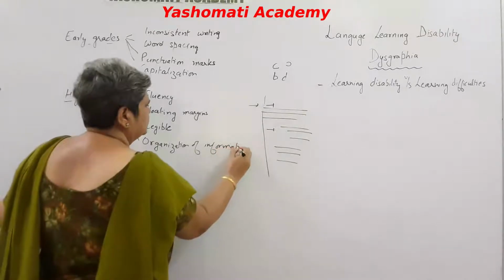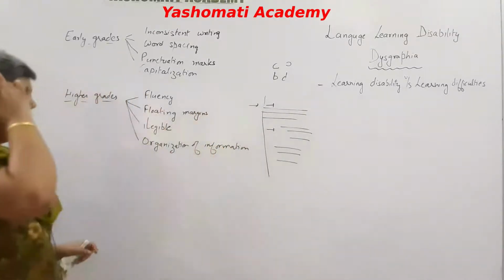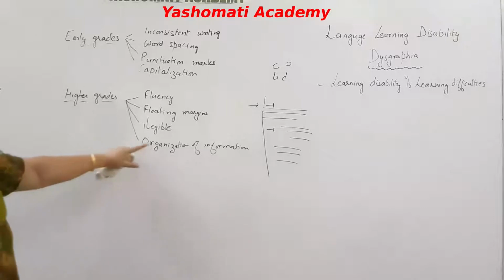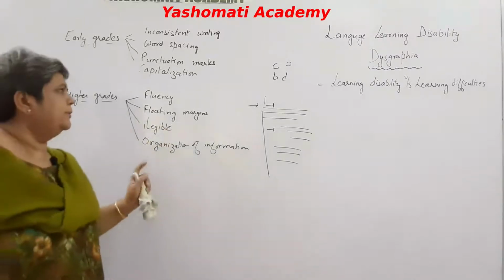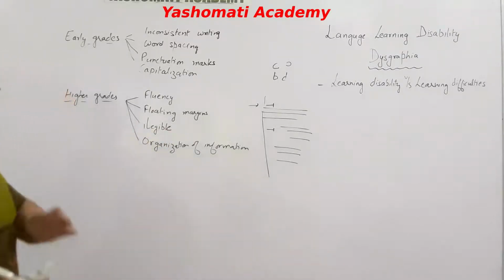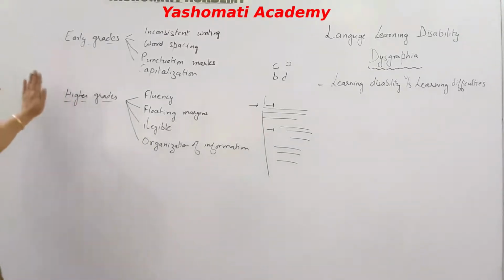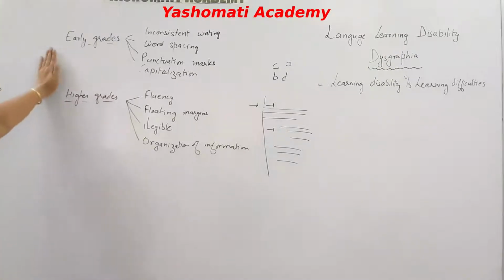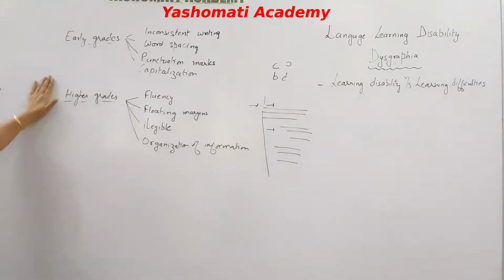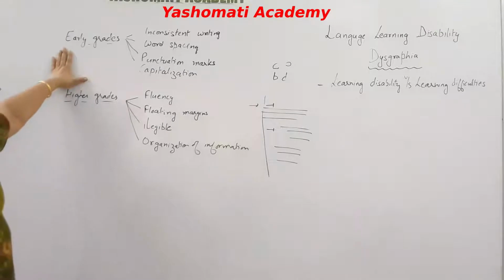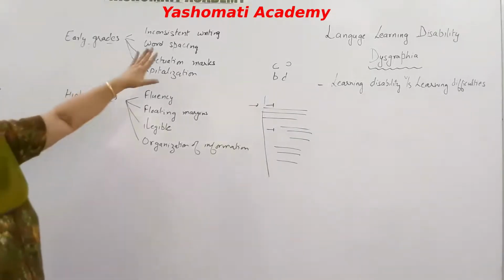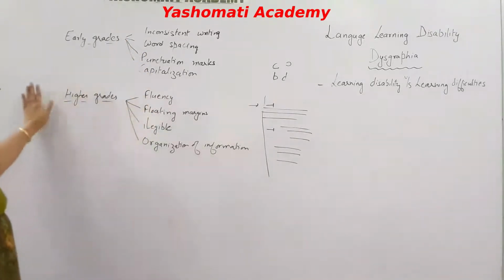So whatever information they may be writing, that may be disorganized because they are not able to organize it properly. So by looking at the writing sample of the student or the learner, we can identify dysgraphia at early grades as well as at high grades. You may find some of the characteristics, or you may find all of the characteristics present in the dysgraphia sample.